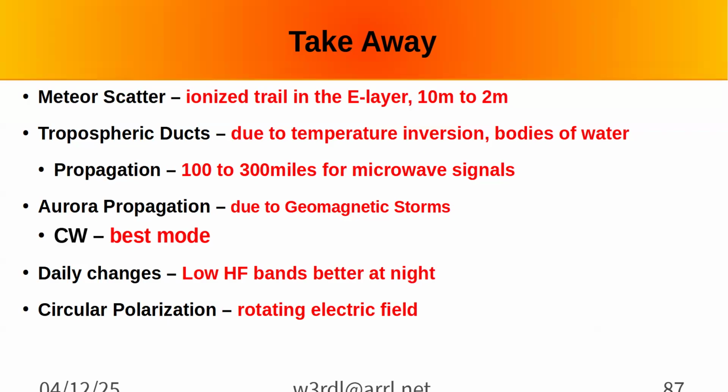CW is the best mode for auroral propagation. The low HF bands work better at night because there's no D layer. And circular polarization is just a rotating electric field. Or I should say a waveform with a rotating electric field.